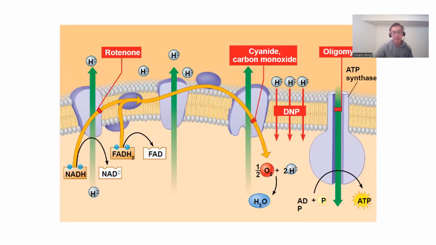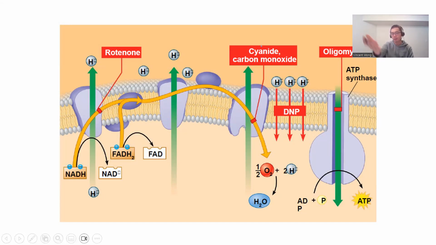So here is a summary. We have the rotenone blocking the first protein, so only NADH is affected. FAD is still okay, but it's not going to be enough. We have the cyanide and the carbon monoxide blocking the last protein, okay?